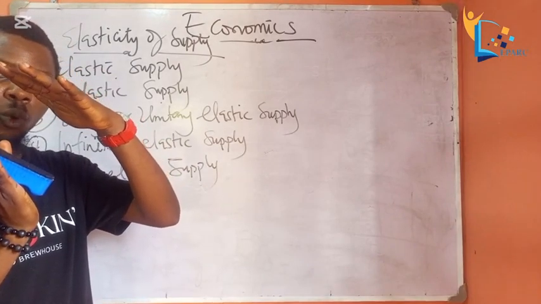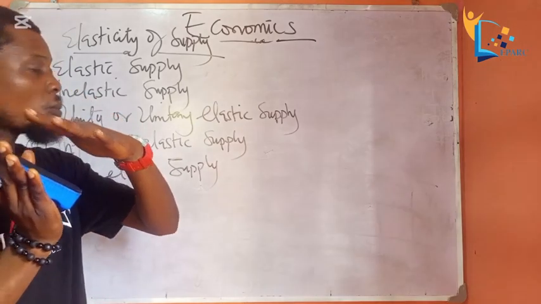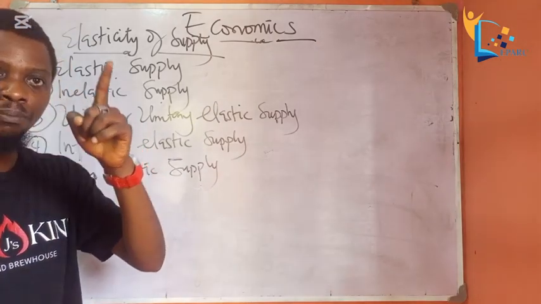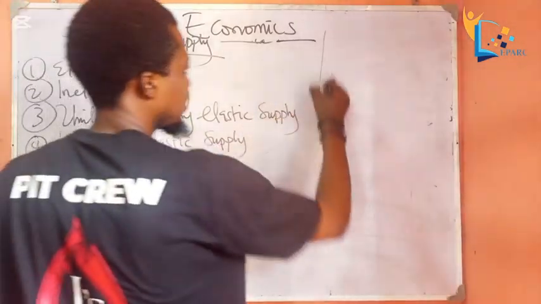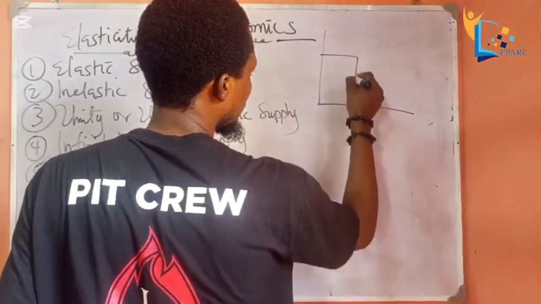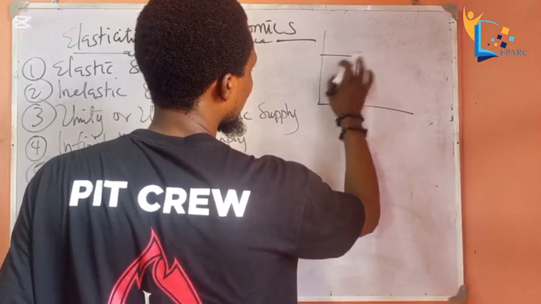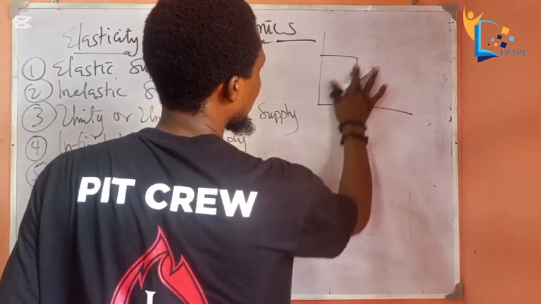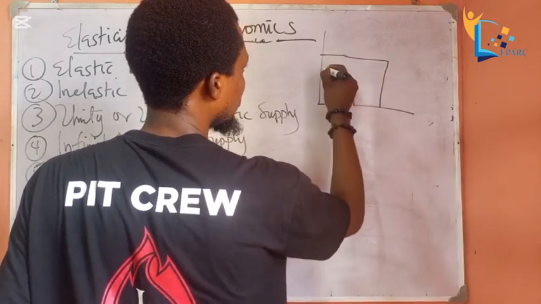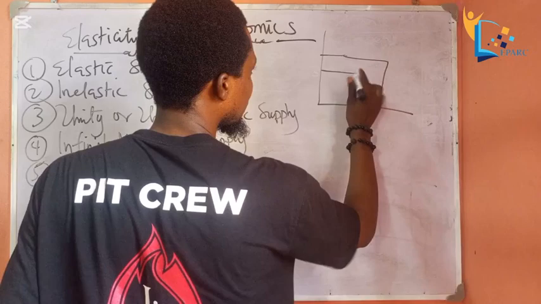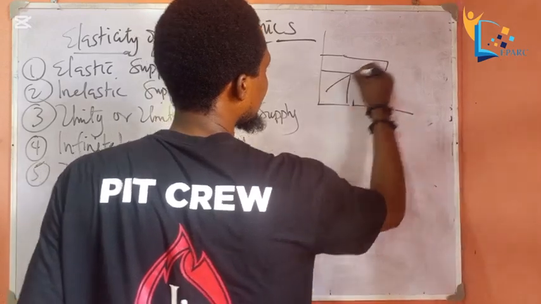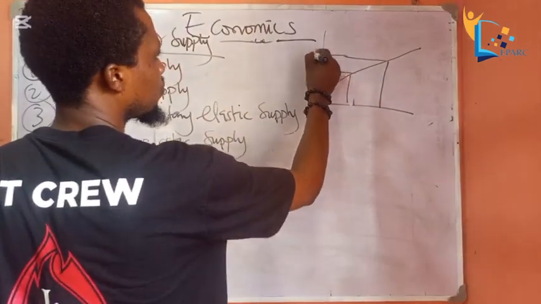Now, when we say elastic supply, we're trying to say a small change in the price of commodities brought about by a big change in quantity supply. Let me draw it this way. Now, this is the price.